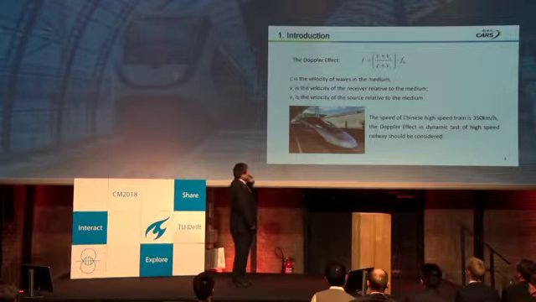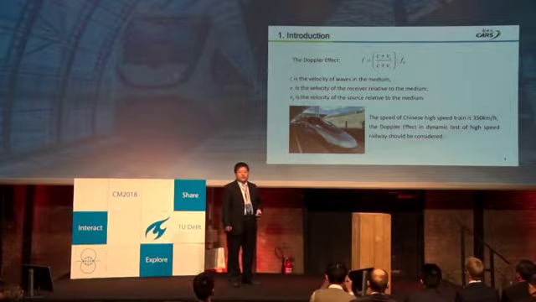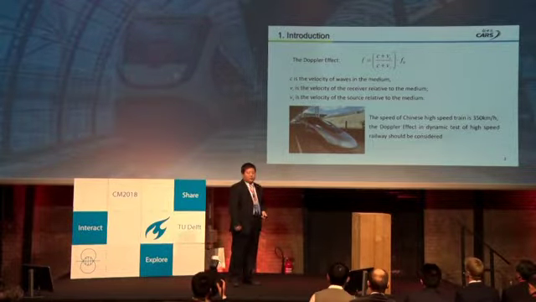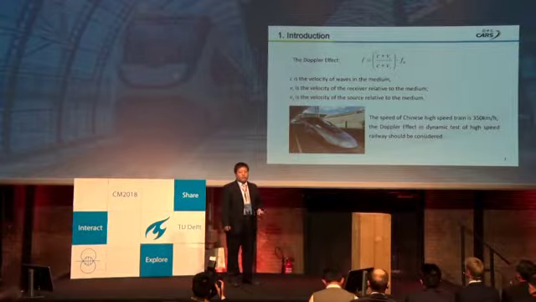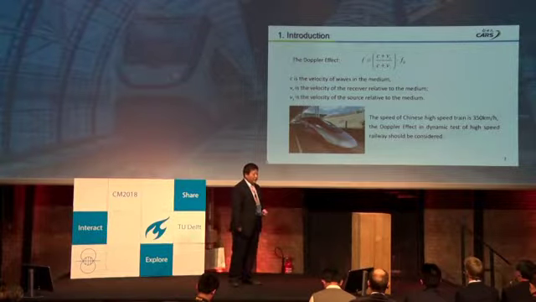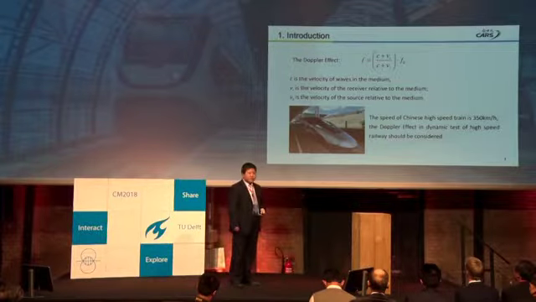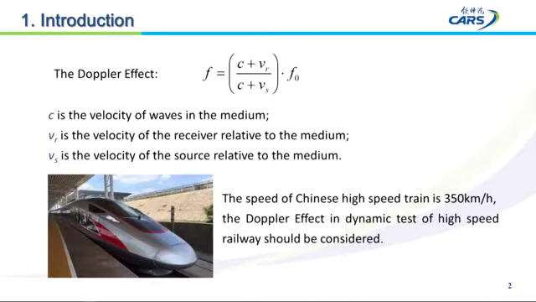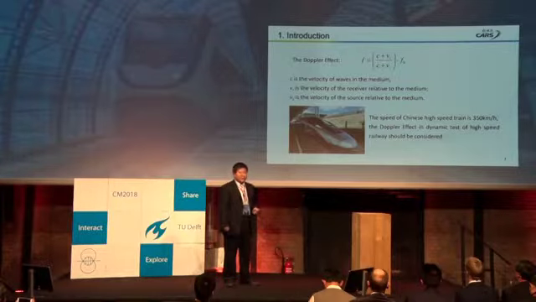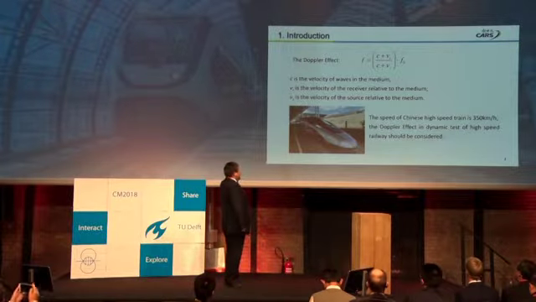As we know, the Doppler effect is the change in frequency for an observer who is moving relative to the wave source. In classical physics, the relationship between the observed frequency and the emitted frequency is shown by this formula.